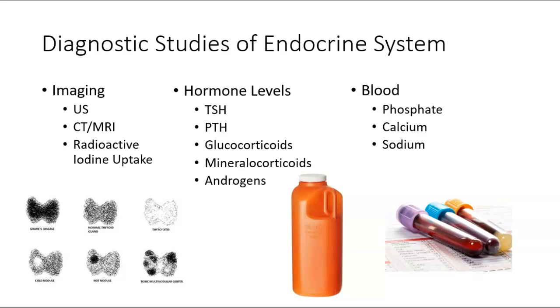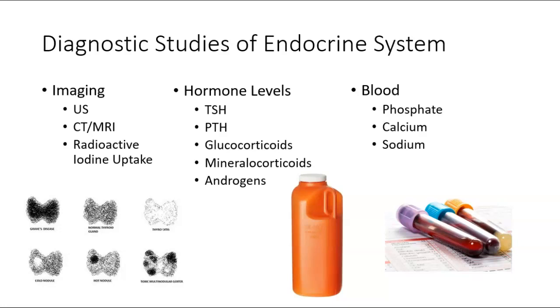We might do radioactive iodine uptakes. And that's the case where I have this picture here for you. It shows this abnormal thyroid function by having the person ingest the radioactive iodine and see how much of it goes into the thyroid. So the problem with this is that it can have an effect on the kidneys as well. So we want to make sure we're hydrating after.